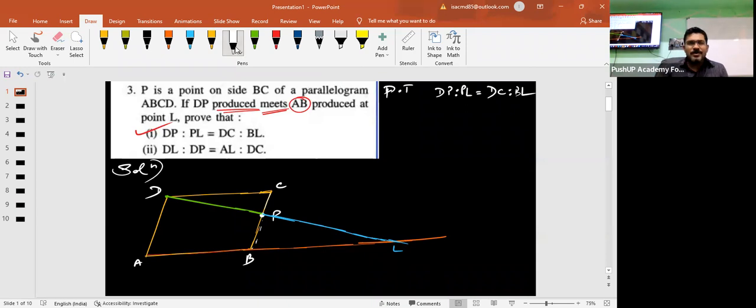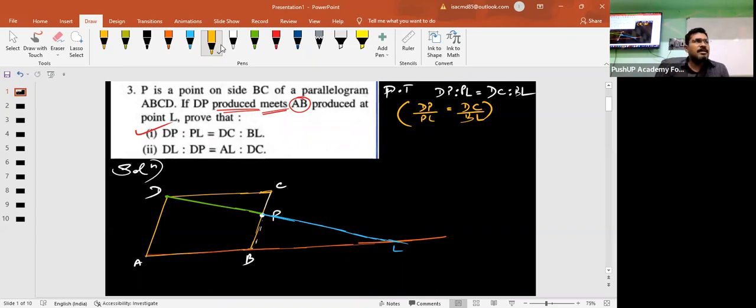So what I usually do is I write it in fraction form. DP upon PL is equal to DC upon BL. I write it this way and then I get some more clarity. Like, when compared to the previous ratio format, I get much better clarity in this. DP upon PL is equal to DC upon BL.